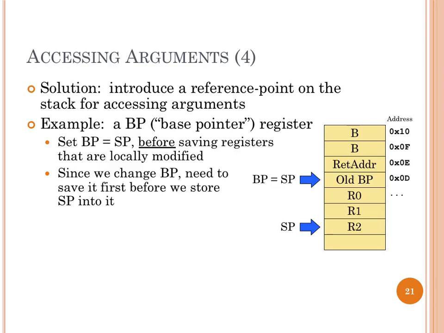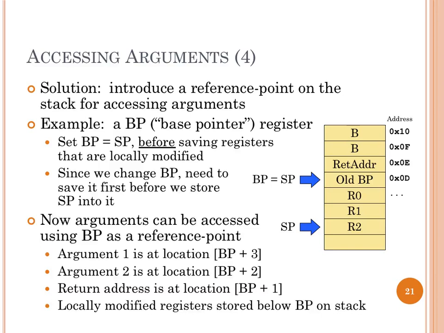Okay. The whole rationale for this is instead of accessing arguments using the stack pointer, which may move quite extensively as the function executes, I can just access them through the base pointer instead now. And it's great because the pattern is ubiquitous in your generated assembly code. You know, like I have here. Whatever this thing is, return address is at BP plus 1. The old value of BP is at BP plus 0.